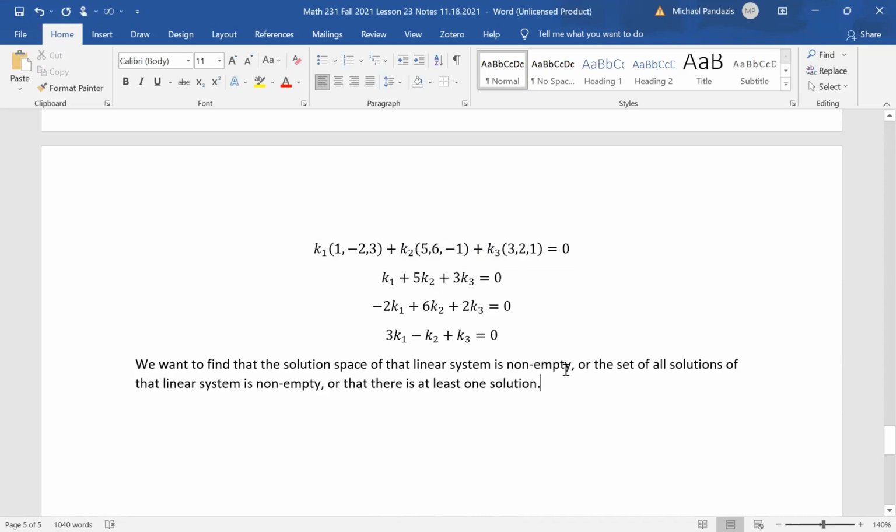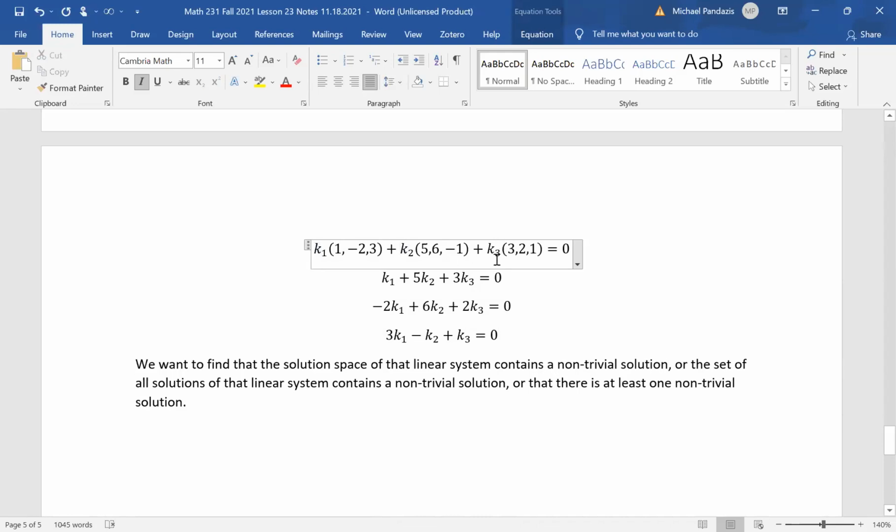We want to show there's at least one non-trivial solution to this linear system. And then that would show that the set is linearly dependent.